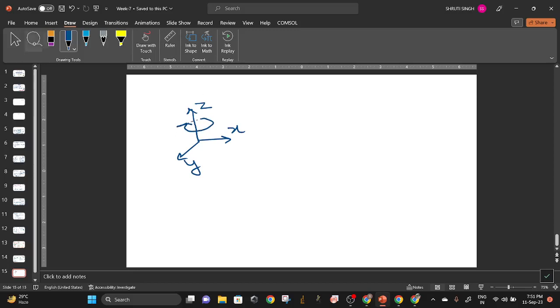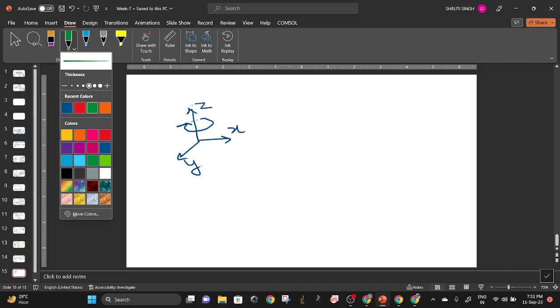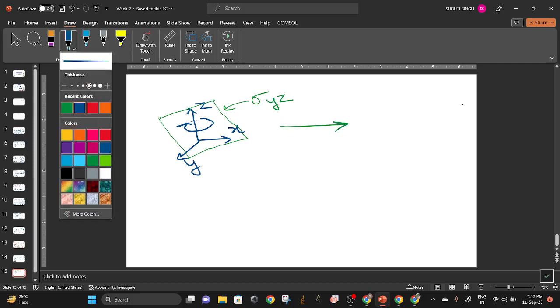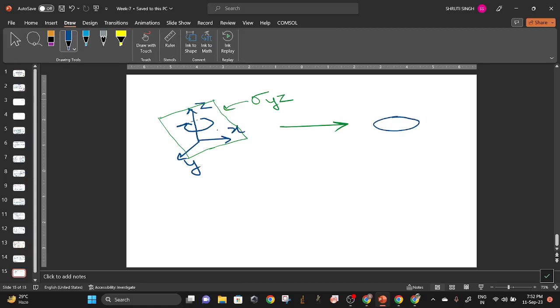Now if I apply the sigma plane, my plane is this plane, the YZ plane. It will reflect this, right? There will be reflection with respect to the plane, and after reflection, it was rotating clockwise, now it will be rotating like this, anti-clockwise. Is this fine?